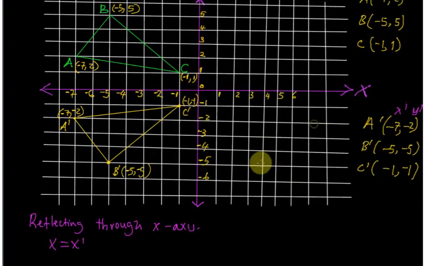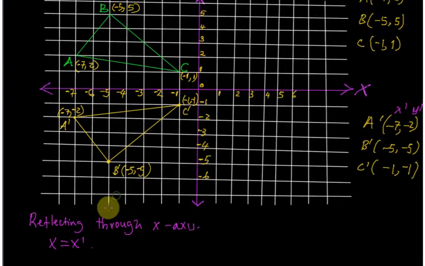So this is giving us a formula. To get the values of y dash, you multiply by -1. So x equals x dash, but y dash equals -1 times y.